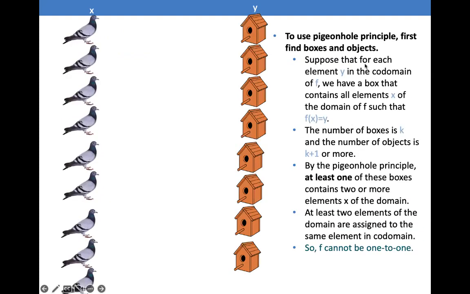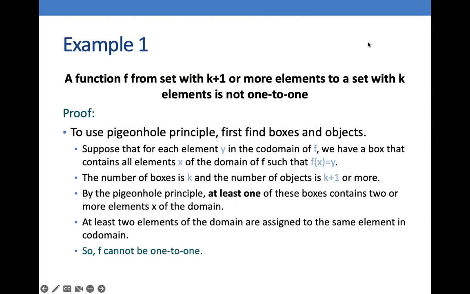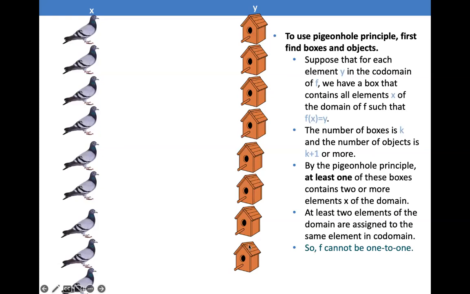Again, we have a function f that maps a set of k plus 1 or more elements to a set with k elements. To use the pigeonhole principle, first find the boxes and the objects.